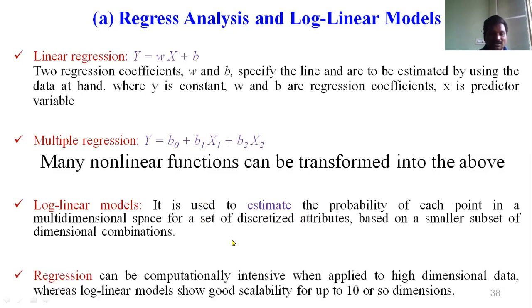That is a log linear model. Regression was already explained. Regression can be insensitive when applied to high dimensionality data, whereas log linear models show good scalability for up to 10 or so dimensions.